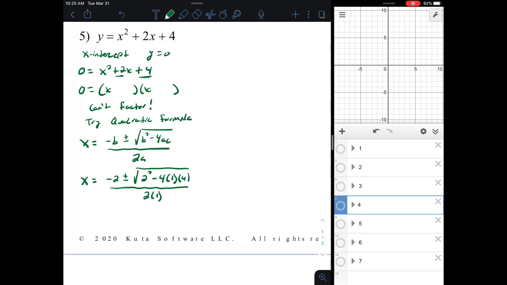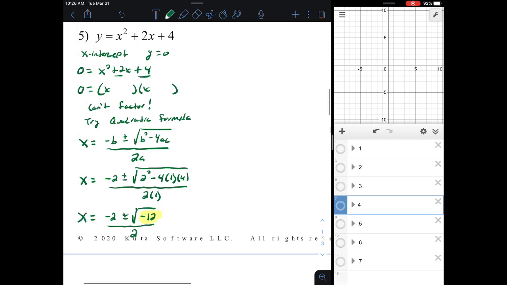And when solving, what I recommended was figure out what's underneath the square root first. What are you actually taking the square root of? And so we have 4 minus 16 underneath that square root, so square root of negative 12 all over 2. Well, that raises an issue because we're trying to take the square root of a number less than 0, and that produces non-real answers.